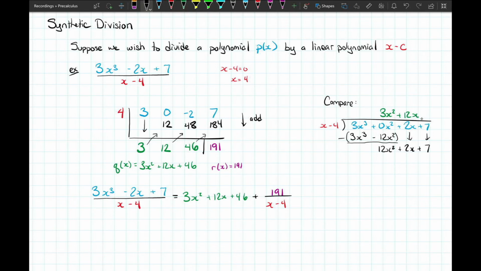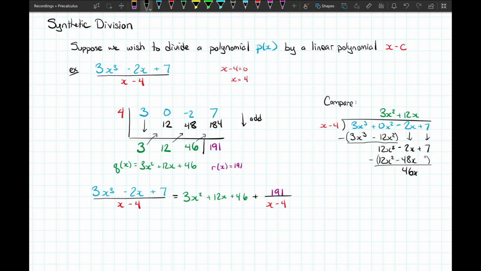With long division, we still have to write out 12x times x minus 4. And then we have to remember that we're subtracting, and subtracting a negative is really just adding. Oh, and whoops, I've just seen that I've actually written down plus 2x when I should have had negative. Correct that. There we go. Negative 2x minus negative 48x is 46x. Same number that we get when we're just doing negative 2 plus 48 over here.